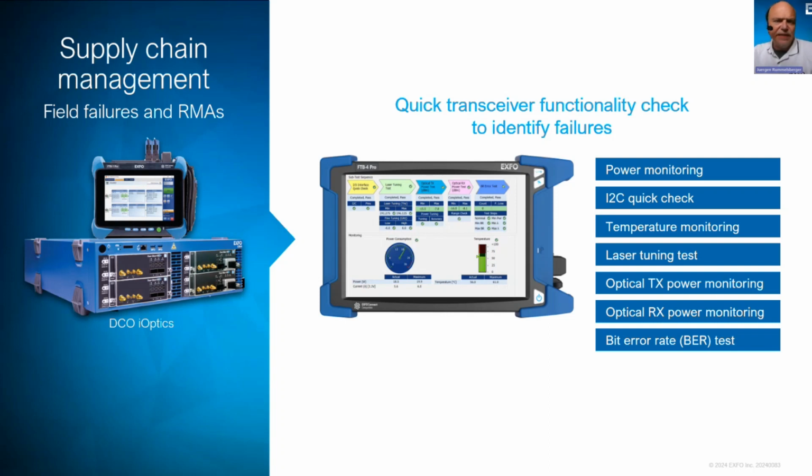Then we have the power tuning test, which validates the minimum and the maximum programmable TX power, which are advertised by the transceiver. Then the next test sequence is the optical RX power test. So this is using the condition of the max and the min TX power adjustment.